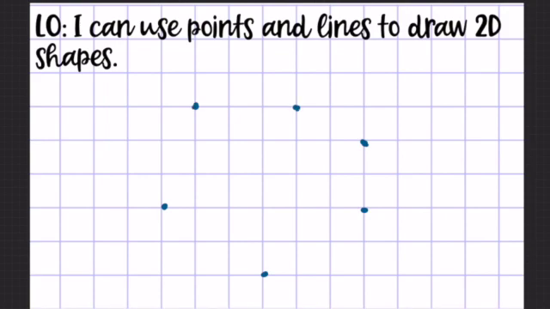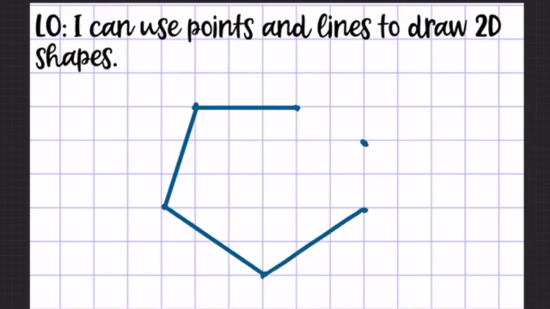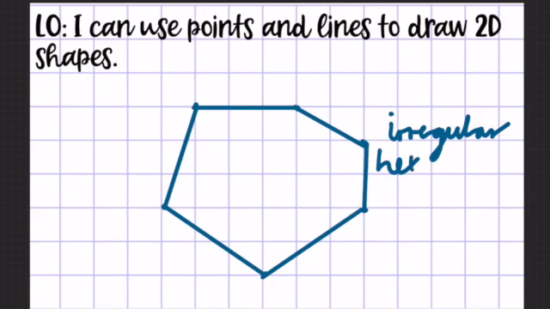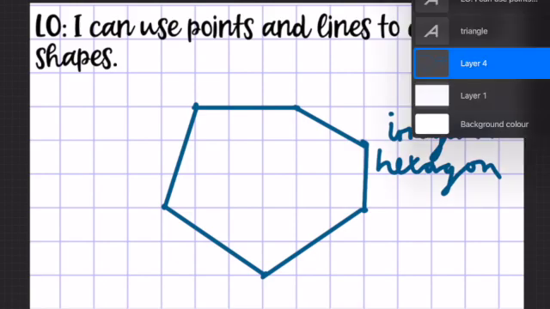We'll join up each vertex. 1, 2, 3, 4, 5, 6. And we'll write at the side irregular hexagon. Let's get rid of that.